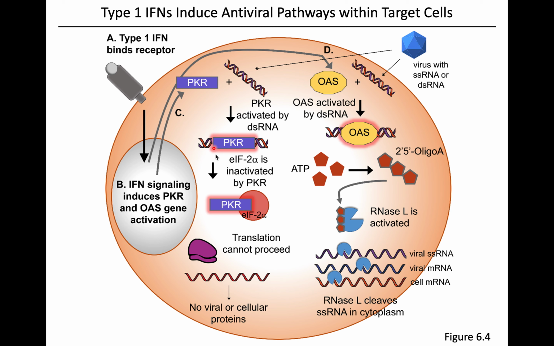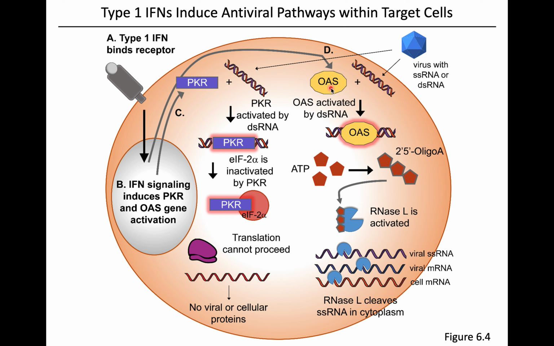And so you can see what PKR is doing on the left side of the cell, and OAS on the right side. But essentially, PKR is going to end up inactivating this EIF2 alpha, and that is going to have the effect of blocking translation. So essentially just shutting translation down. So not only is viral translation going to be blocked, but also cellular proteins won't be made, at least temporarily.